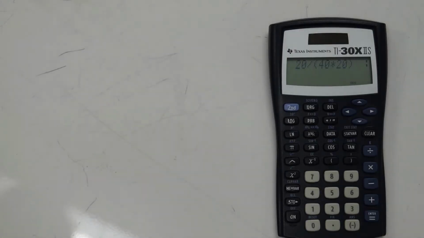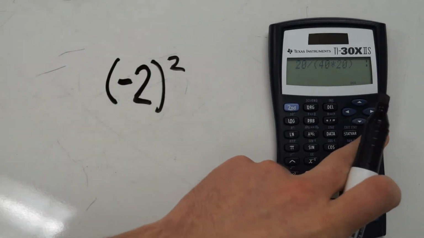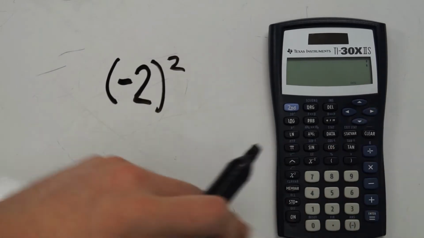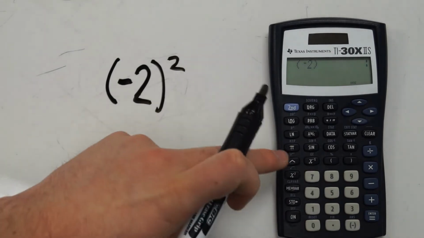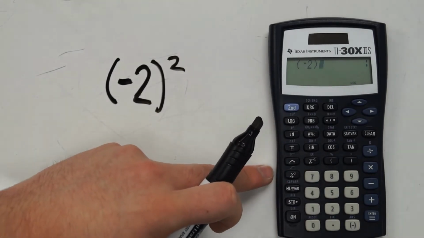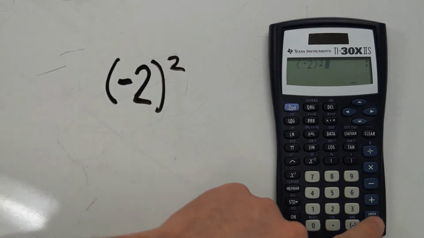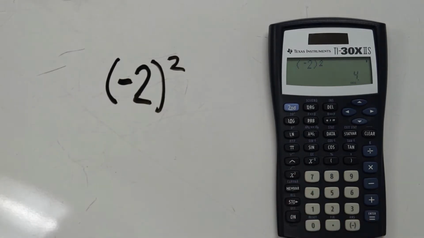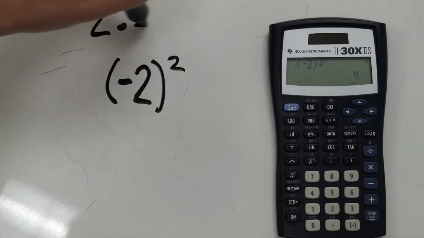When you have a power, like if you have this, it's going to be different than without the parentheses. So if you do -2, and usually you can use this button for squared, that will give you +4 because it's timesing -2 times -2.